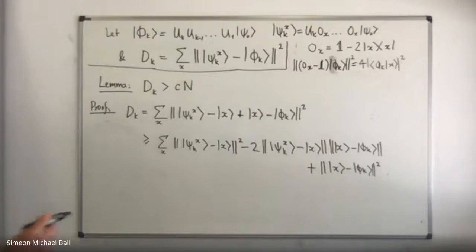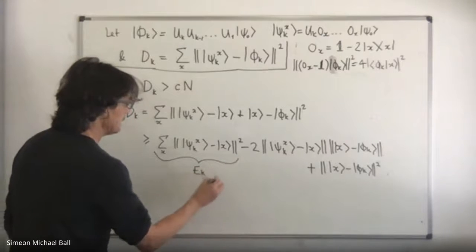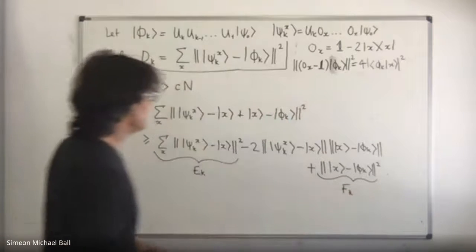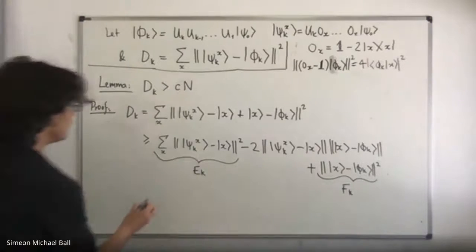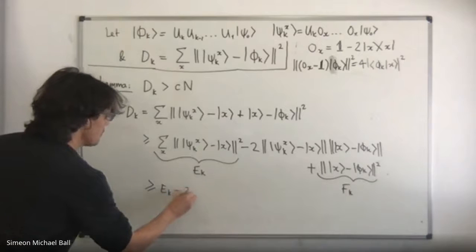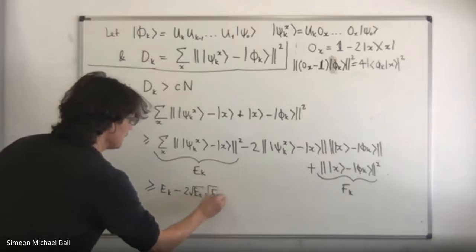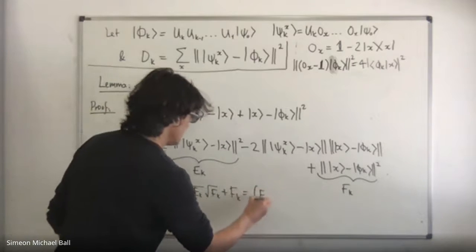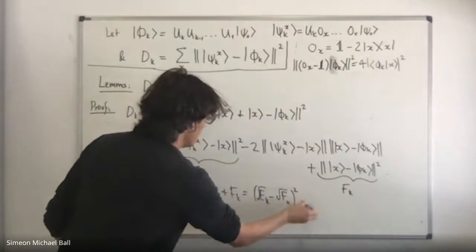And in exactly the same way, if I now define this quantity as, let's say, ek, and this quantity here as fk, then what I have is exactly this is greater than ek minus twice square root ek square root fk plus fk, which is a square.